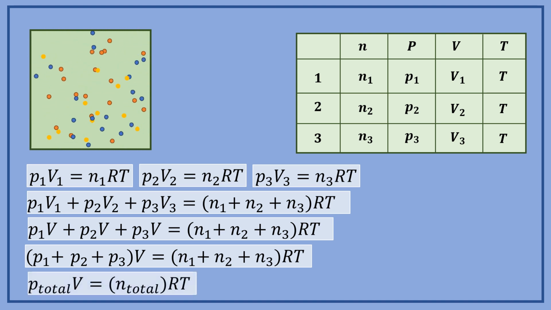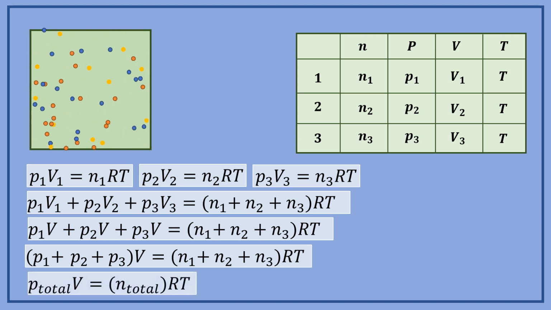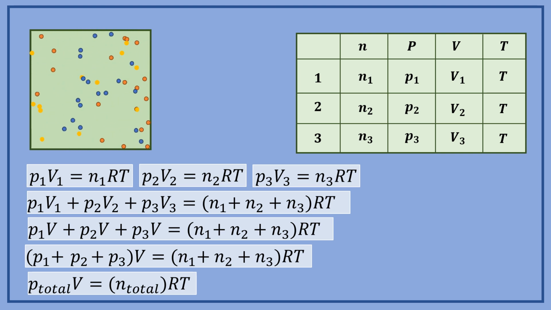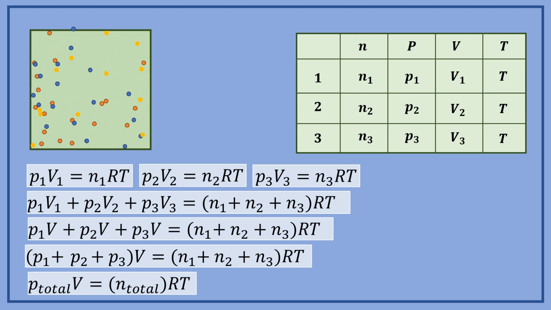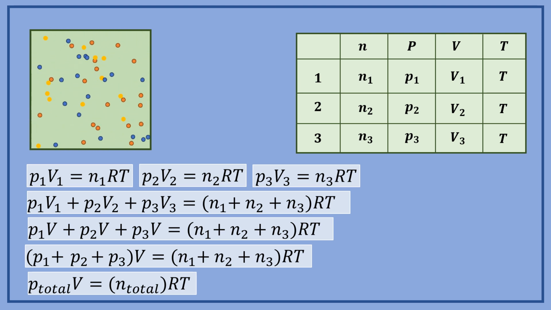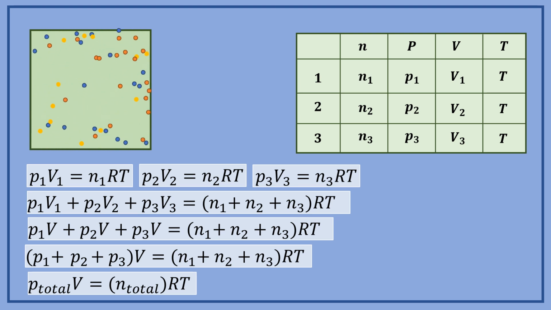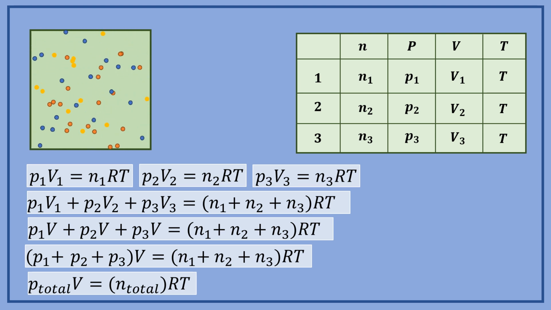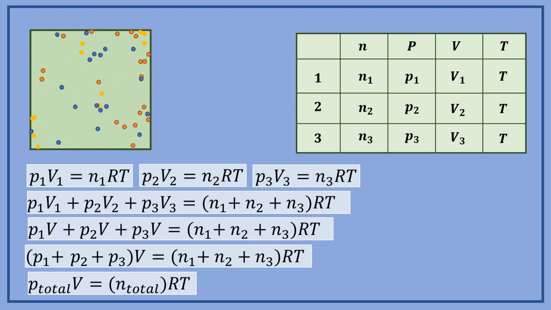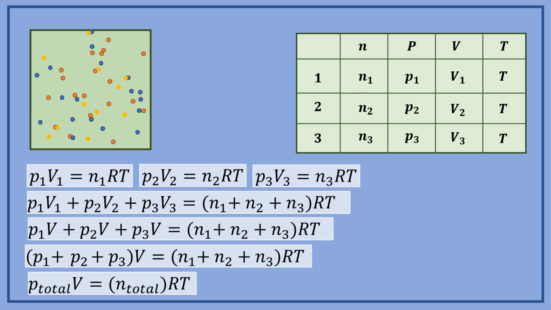And we can now see that P1 plus P2 plus P3 can be replaced by P total, and N1 plus N2 plus N3 can be replaced by N total. So we have again arrived at the form of the ideal gas equation.